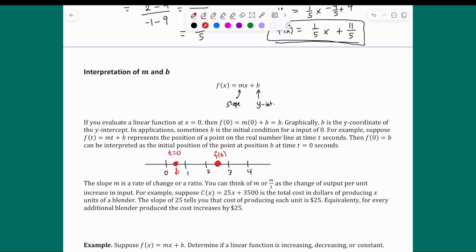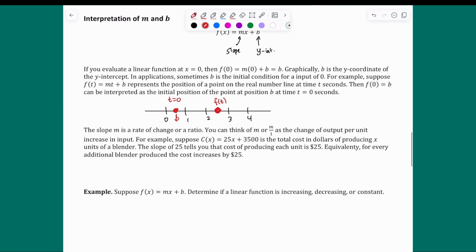For example, suppose we had a function c of x equal to 25x plus 3500, the total cost in dollars of producing x units of a blender. The slope of 25 tells you that the cost of producing each unit is $25. Equivalently, for every additional blender produced, the cost increases by $25. So that's the typical interpretation of slope for a line or a linear function.